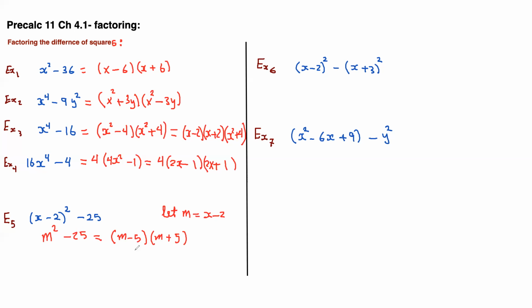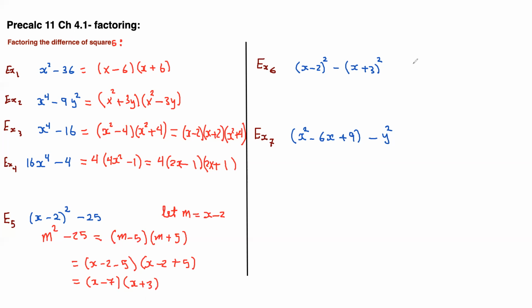Now m is x minus 2, so you go back and substitute x minus 2 wherever there's an m in the equation. So that will be x minus 2 minus 5 and x minus 2 plus 5, which finally equals x minus 7 and x plus 3.